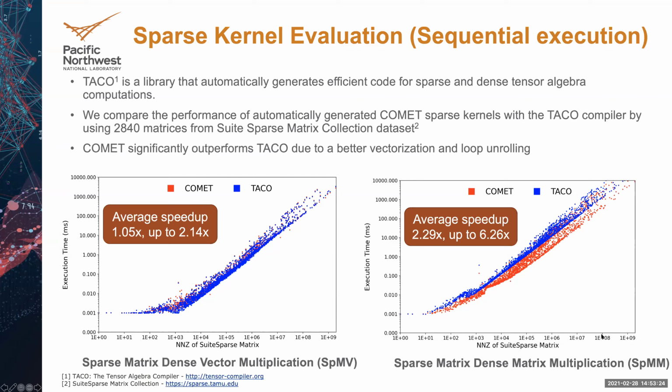On the right-hand side, we can see the performance of sparse matrix dense matrix multiplication. On average, for SpMM, we are providing 2x to 6x speedup. The reason is that we looked at the generated LLVM IR and it reveals that COMET generated code leverages better vectorization and loop unrolling as compared to TACO code.